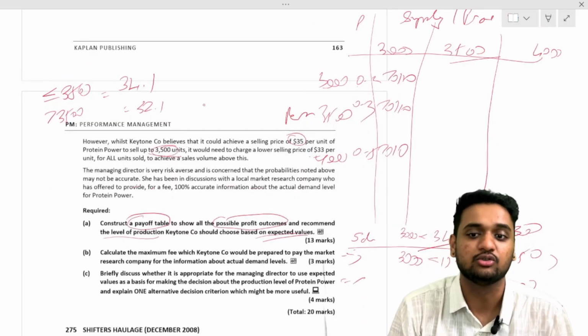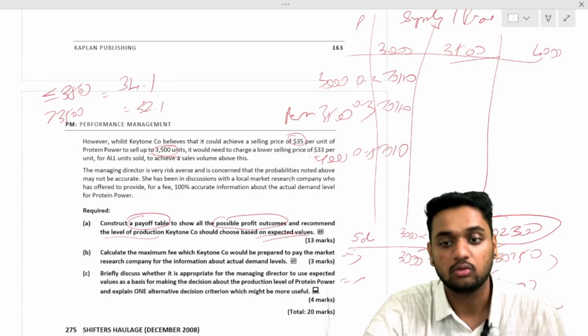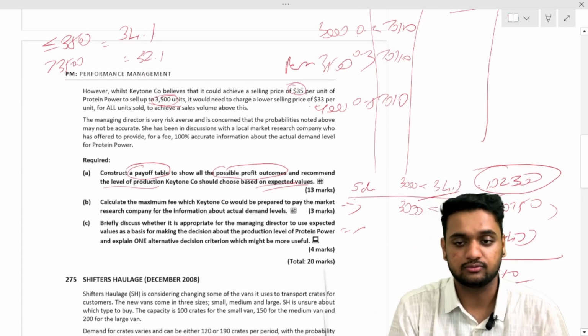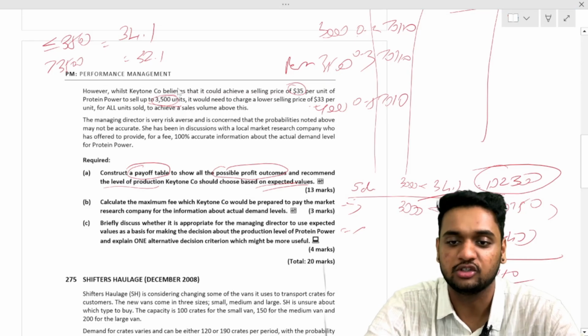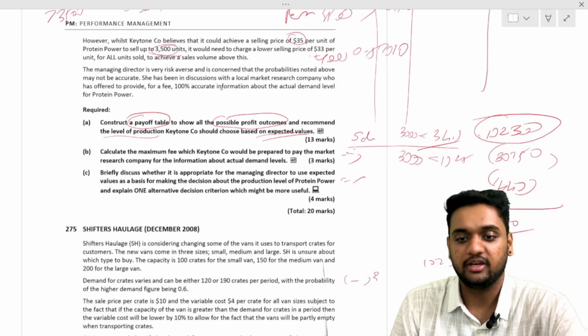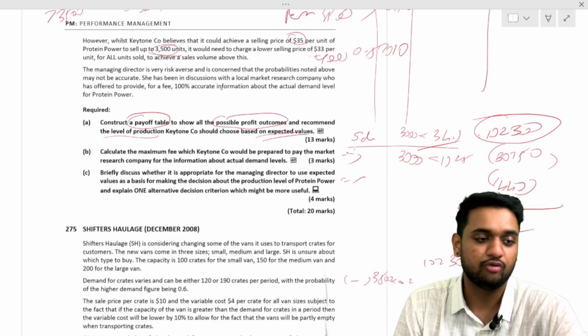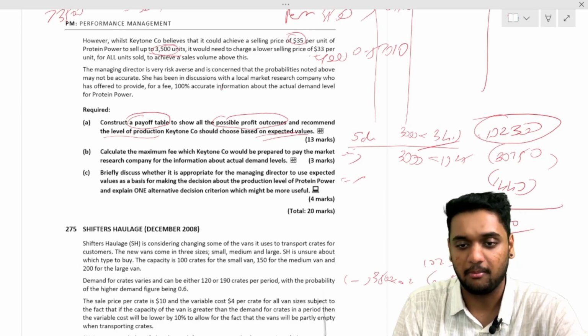If we produce 3,500 units and sell 3,000 units, what will we get? If we sell 3,000 units, the sales we earlier found out are 1,02,300. Minus variable cost: 3,500 into 10.25, that is 35,875. Minus the fixed cost.